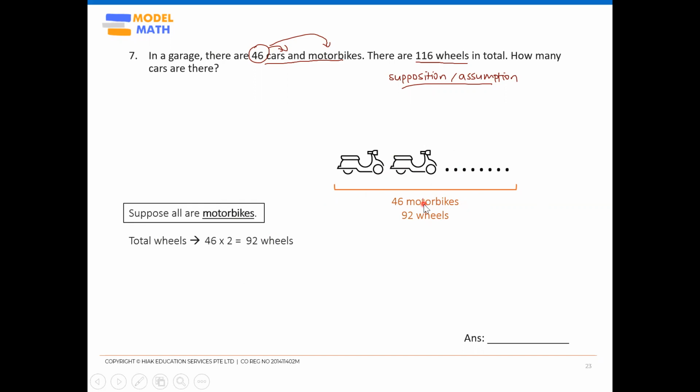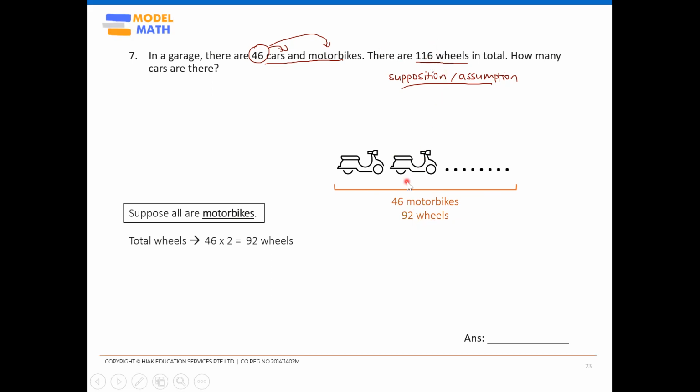Now, thinking back about the information of wheels provided from the question, 116 wheels. Ask yourself, this 92 wheels, is it the real number of wheels that exists in this situation? Is it the actual number of wheels? I hope you can see that no, this is not the actual number of wheels, because the real number of wheels that we should try to hit is 116 wheels.